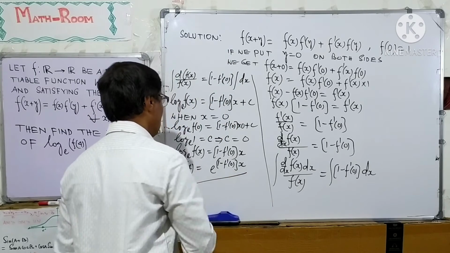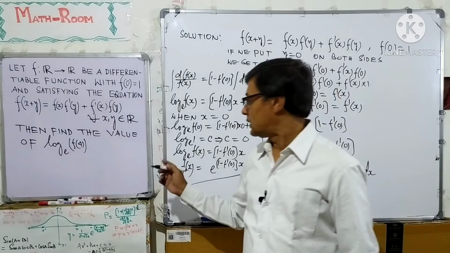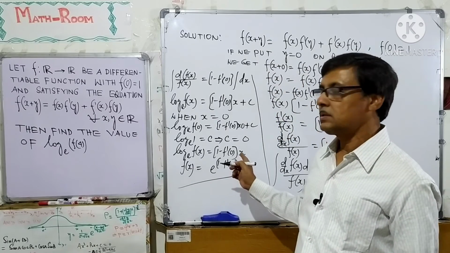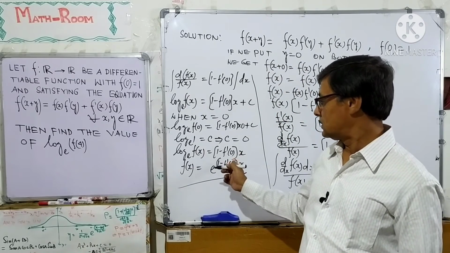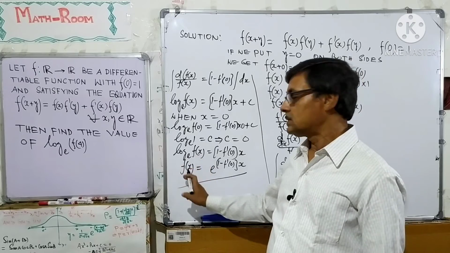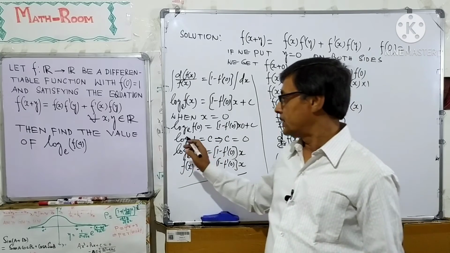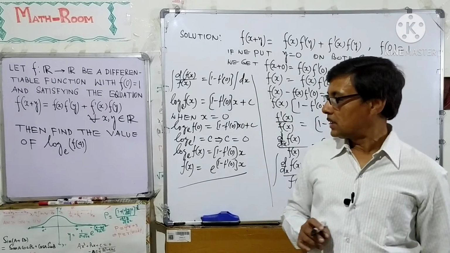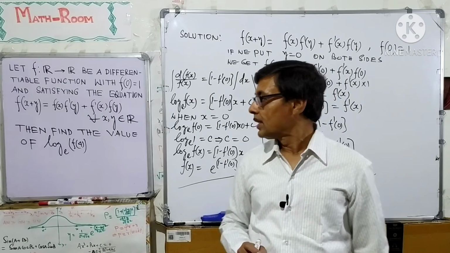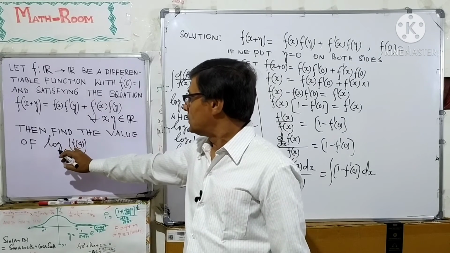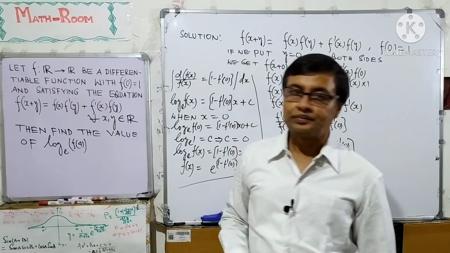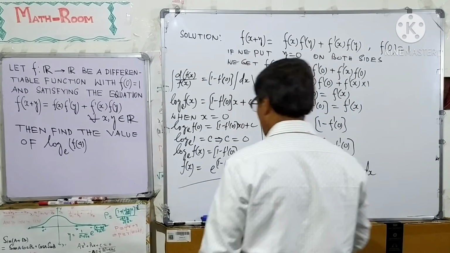We have derived the function: f(x) equal to e to the power of c x, where c is constant, that is e to the power a x, so f(x) is an exponential function. Now, we shall find the value of natural logarithm f of 4.